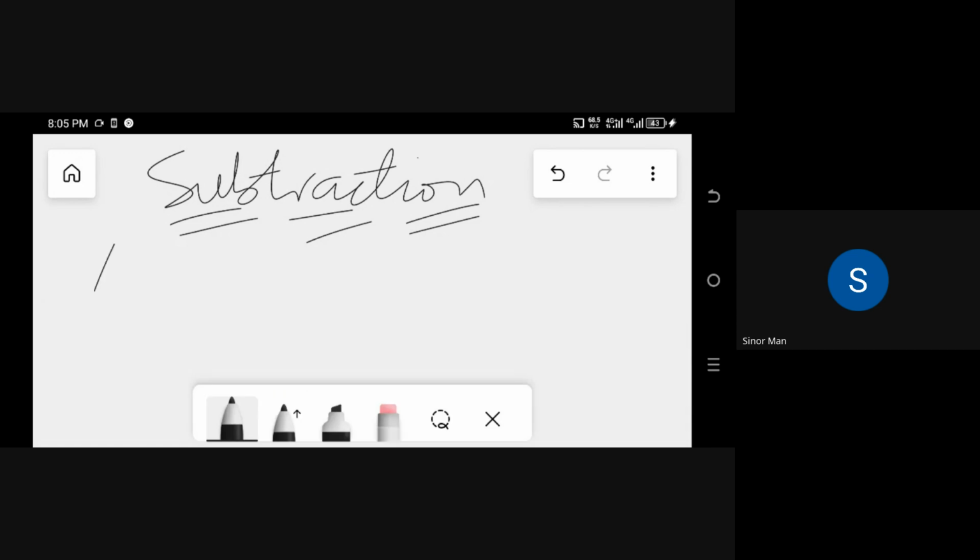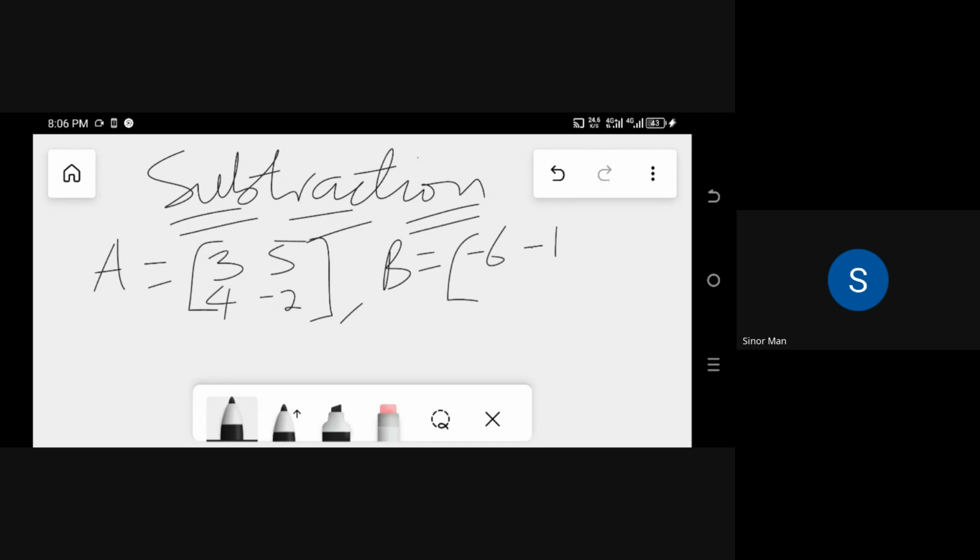So let's say we have matrix A to be 3, 5, and matrix B to be equal to, let's say, minus 6, minus 1, 2, and 7.